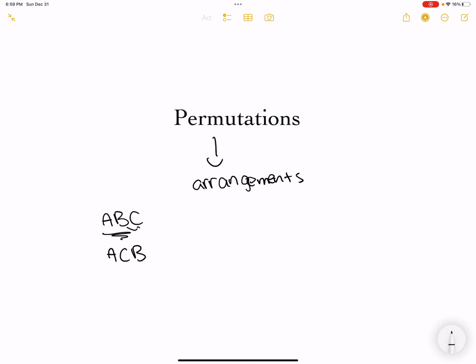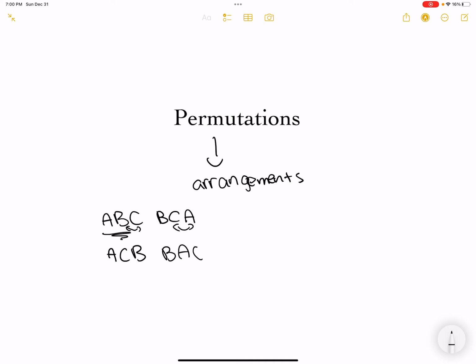Now, if we were to make a three-letter combination that started with B, we could do BCA, or we could also do BAC and switch around the letters like we did for the other one.